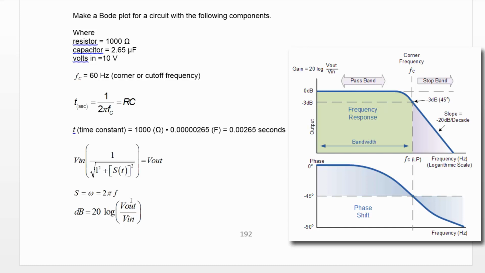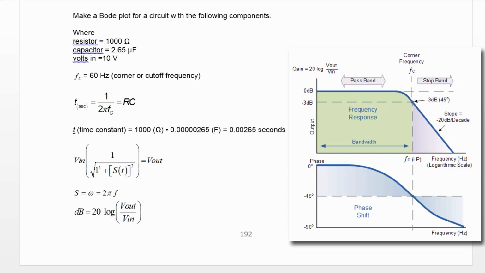So we take our input, our frequency and time constant, add 1, take the square root and the reciprocal, and we get voltage out. You take the log of voltage out over voltage in and multiply it times 20. That gives you dB.